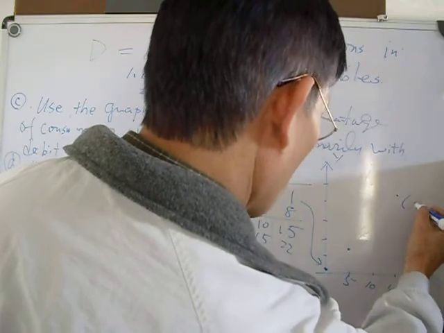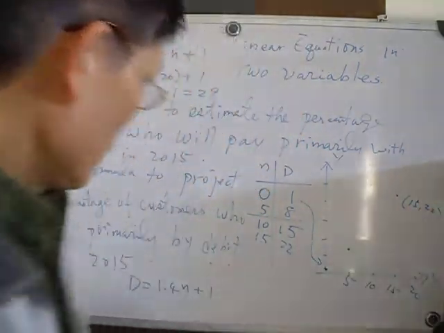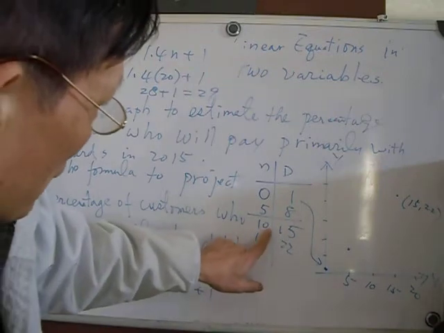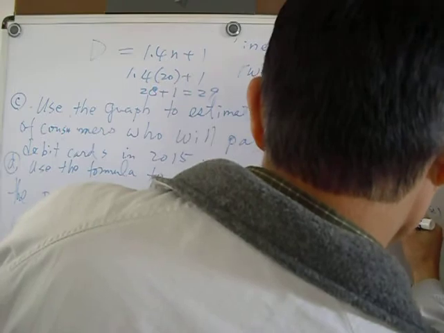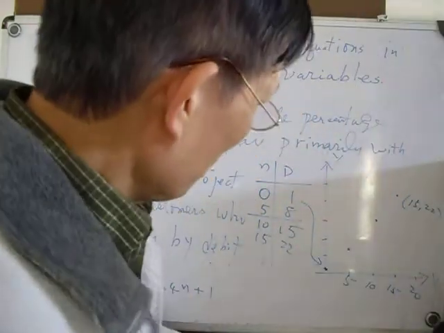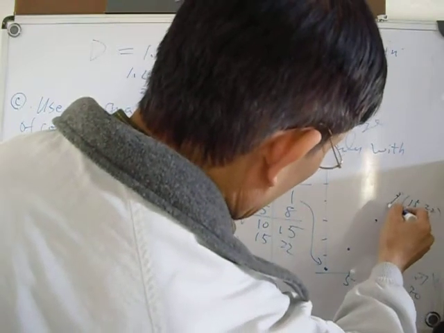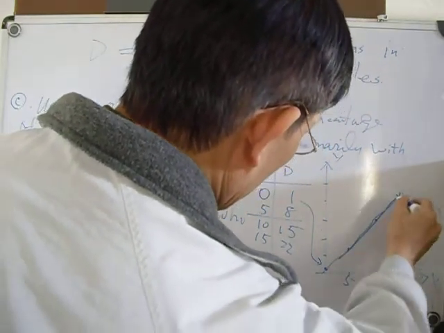By the way, label about 2 points, not all the points. And the third one, 10, 15, should be roughly here. So then you're ready to graph. These 4 points should be on the straight line, like that. Okay.